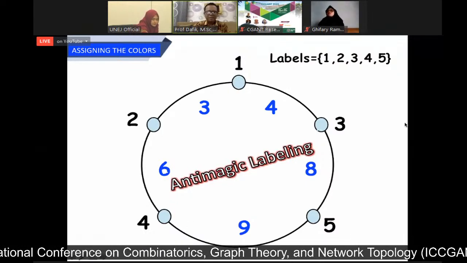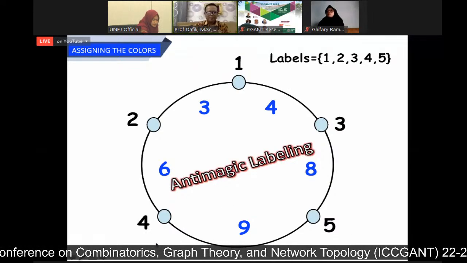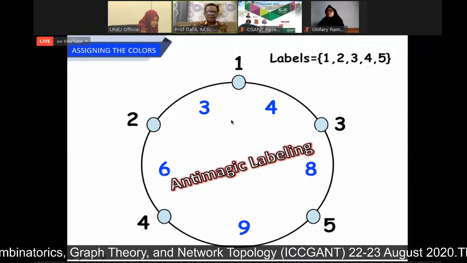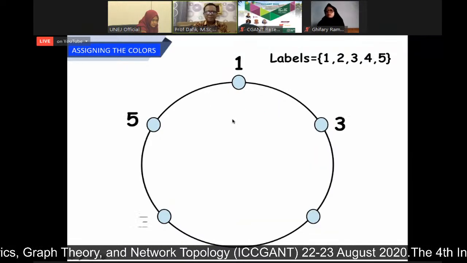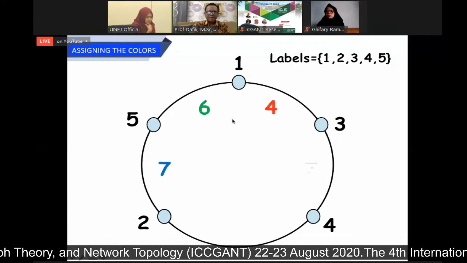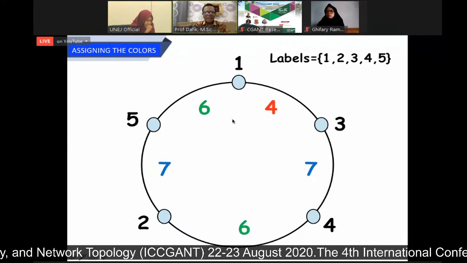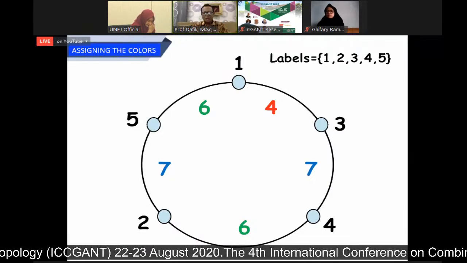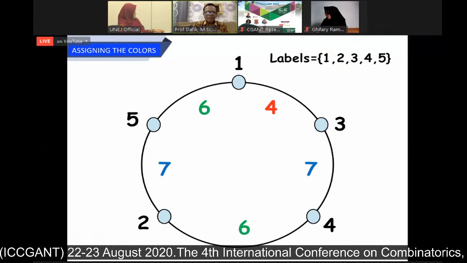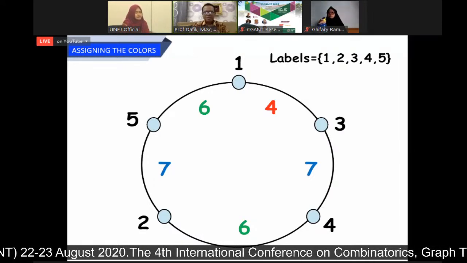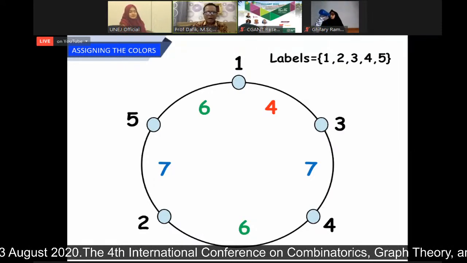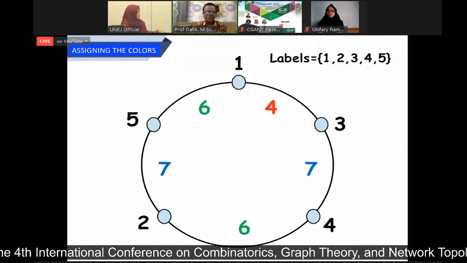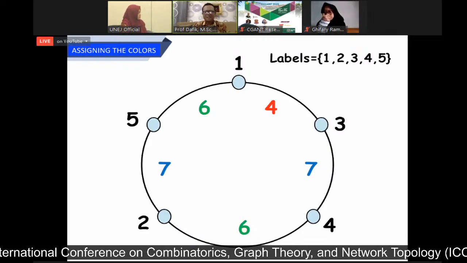And then how do we have a rainbow anti-magic labeling? Look at the H weight of every H. We do not necessarily have H weights that are all distinct. For example, in this case, we have 4, 6, 6, 7, 7.